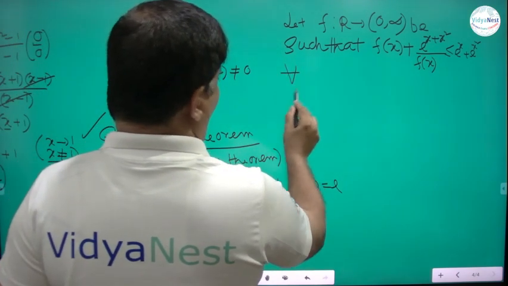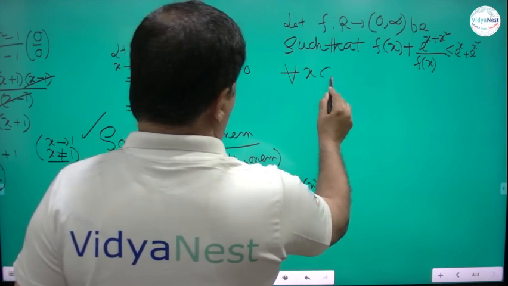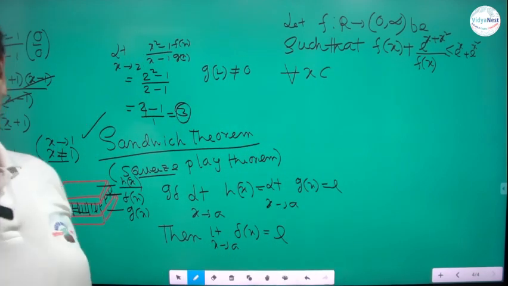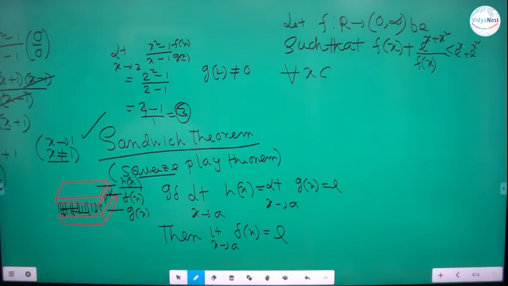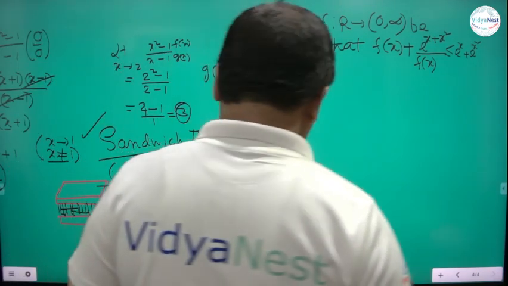This symbolizes for all x. Okay? For all x greater than 0.